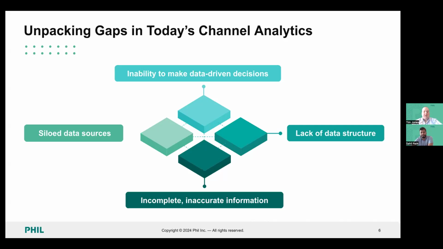So really, an assessment of all three of those levels is key. Yeah, Tim, to your point, it really has to be all of them to get the value you want out of the data and the channel.